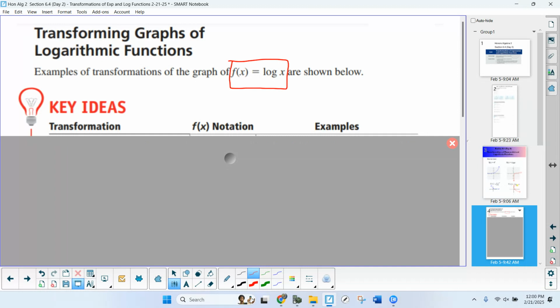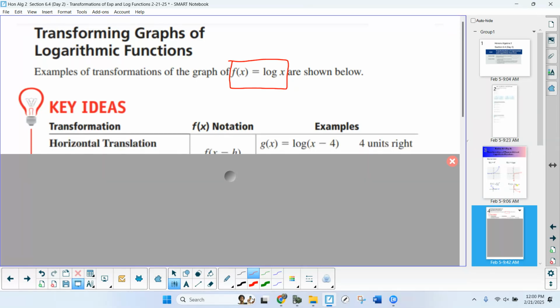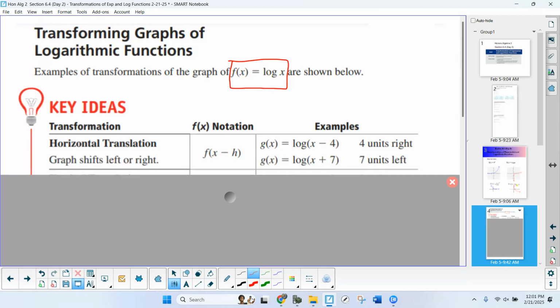Good. All right. If that's my original graph, if it's in parentheses, there was a problem we did the other day, and someone asked, when we were writing the inverse, if it mattered whether my x minus whatever was in parentheses, and I said yes. Because if it's in parentheses, that tells me it's going left and right. So if it's minus, it goes right.